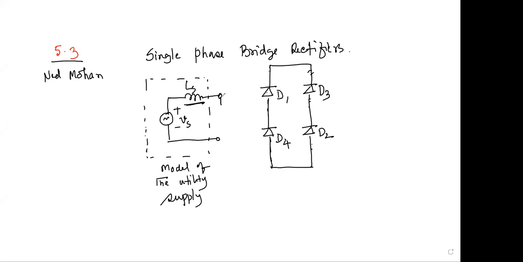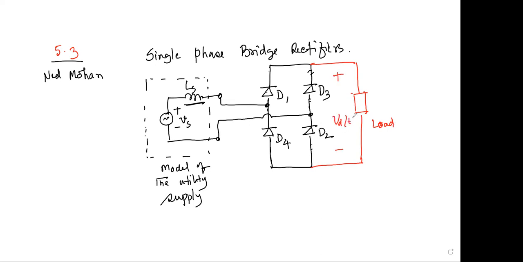Then from the utility supply, you connect the two supply legs like this, and from here you put a load. This is the load. From here to here we get the output voltage, and this is your output current.